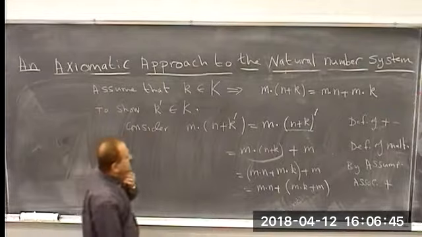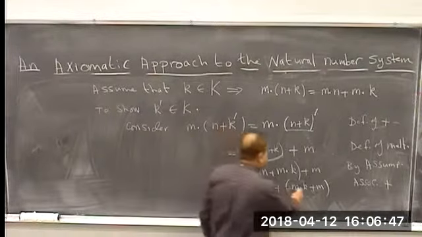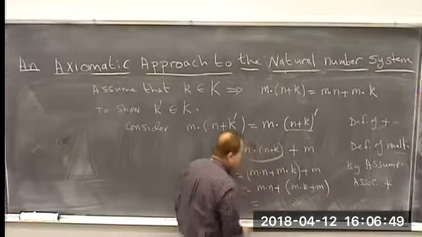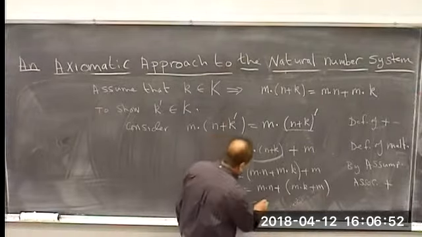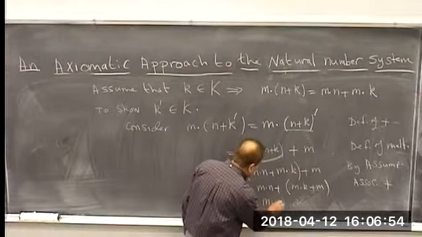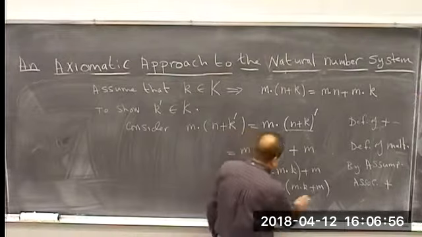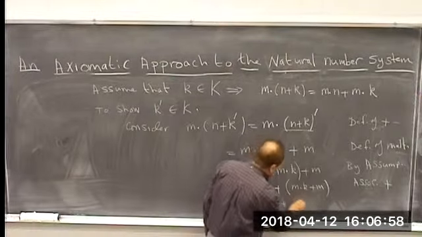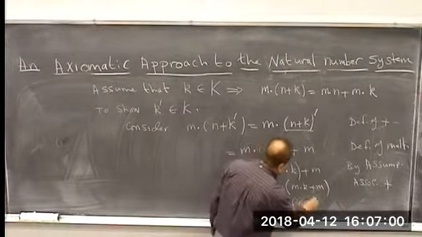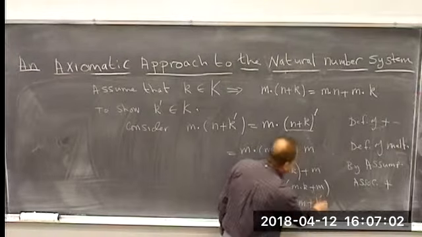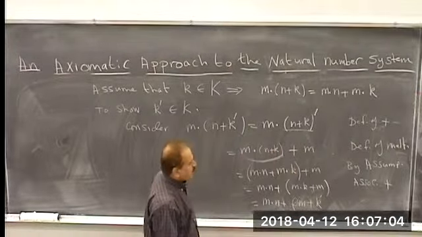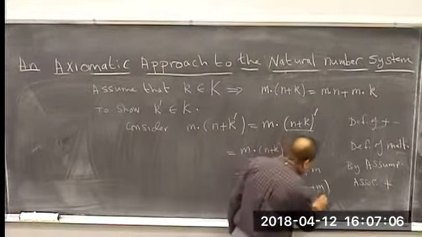Now we need to use the multiplication in here again. So this is mn plus, and this multiplication I can write as m times the successor of k.